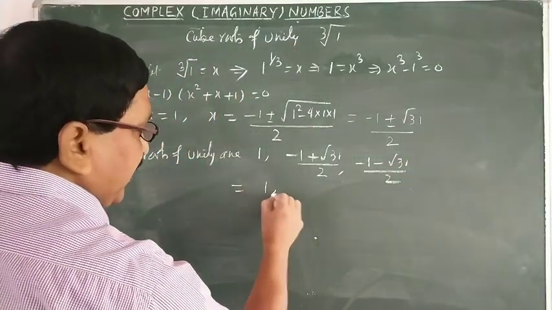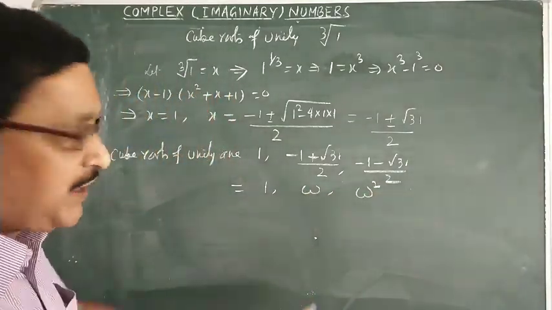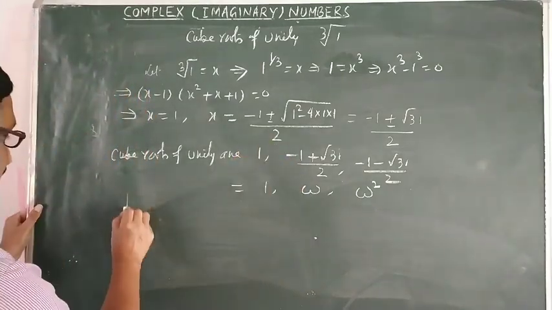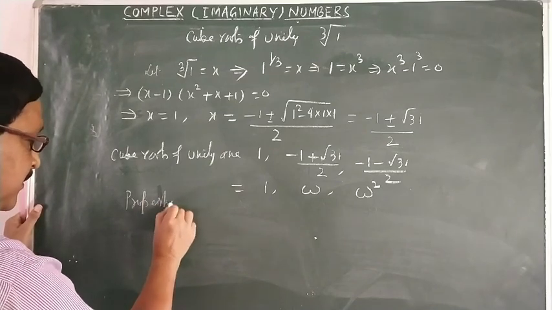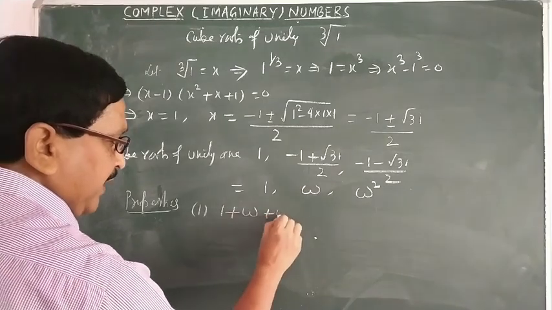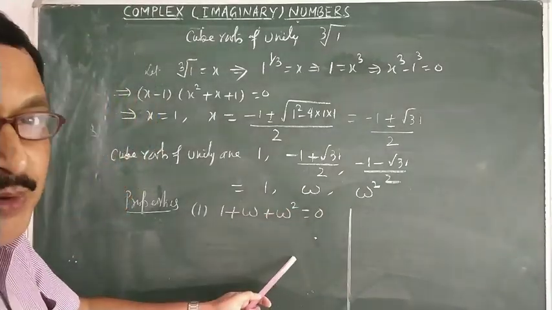This is also called 1, omega, omega square. And now there are some properties of omega, omega square and 1, which will be helpful to you. First property: 1 plus omega plus omega square is equal to 0. This will help you in doing problems.